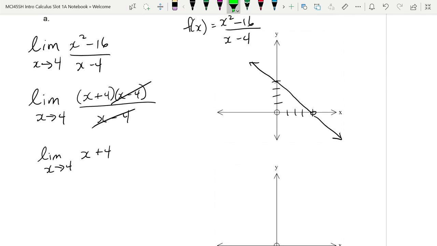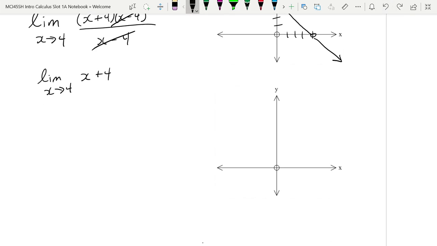These two functions here are equivalent to each other, right? So if I graph them, they're going to look pretty much the same. I'll call this one a different thing, though. I'll call this one g of x. I'll say that g of x equals x plus 4.